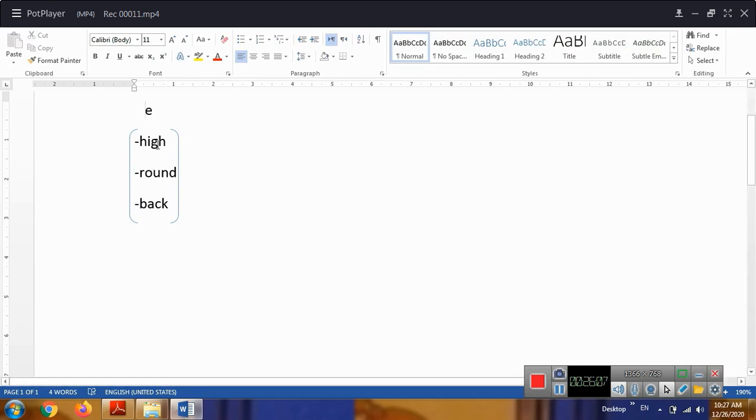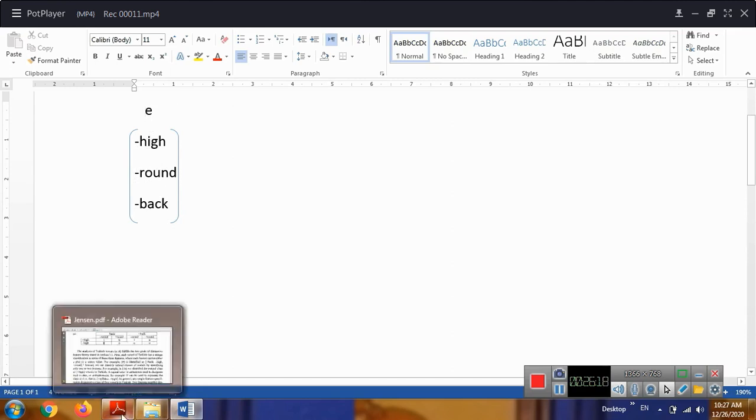We show them in this way. Here you can see the common way in which we show the distinctive features for A in Turkish: minus high, minus round, and minus back. Pay attention please, here I want to change them.